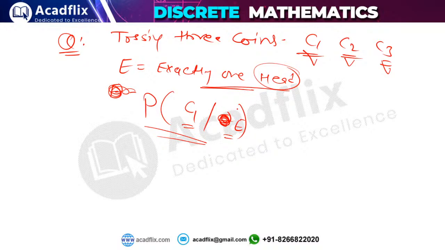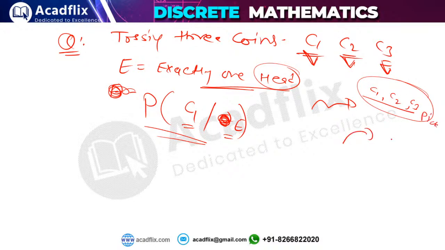Okay, wait a second. In this question basically I am asking this. You have three different coins sitting on the table. You are going and picking any one of these coins, then you are tossing it. So first you are picking, then you are tossing.